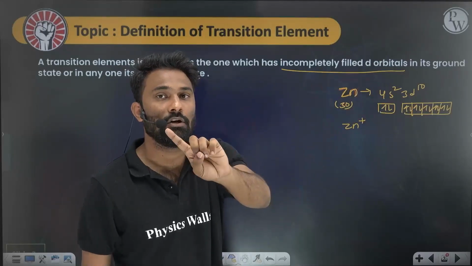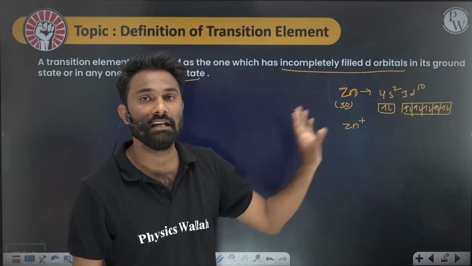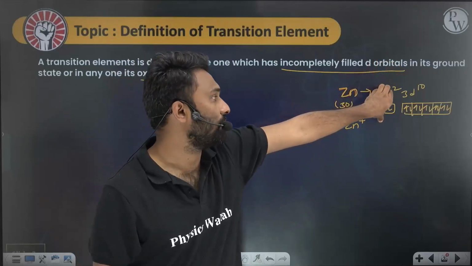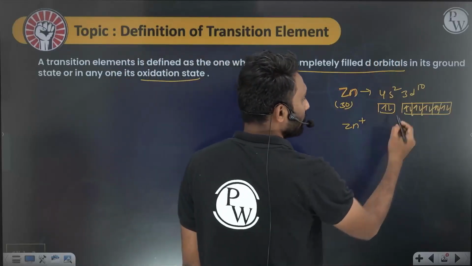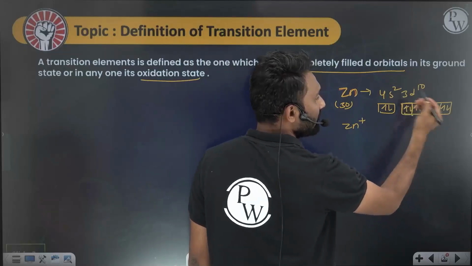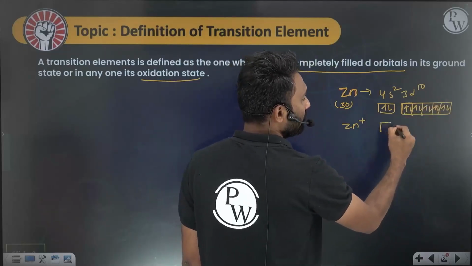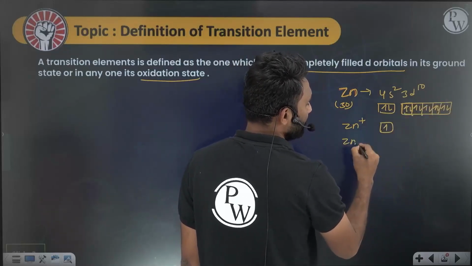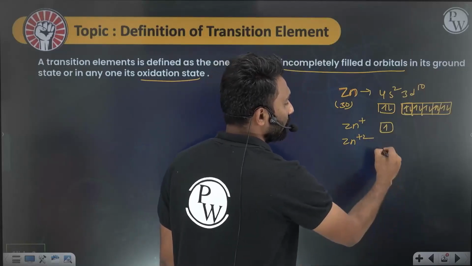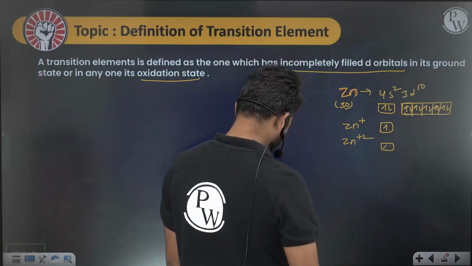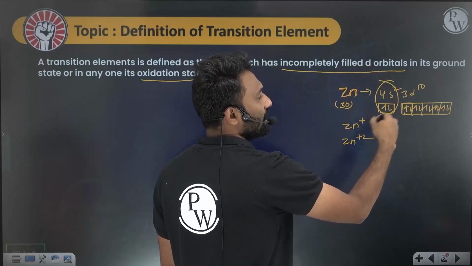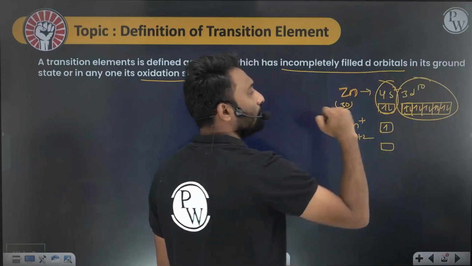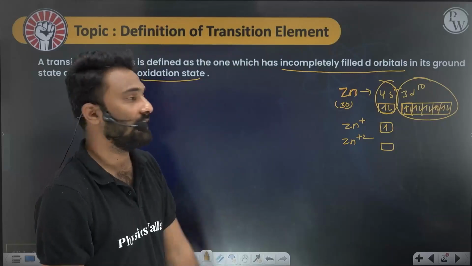To remove an electron, we remove it from the valency shell, so the electron will be removed from the 4s2 only. For Zn2+, even if you remove 2 electrons, they will be removed from the s orbital only, because the d orbitals are completely filled.